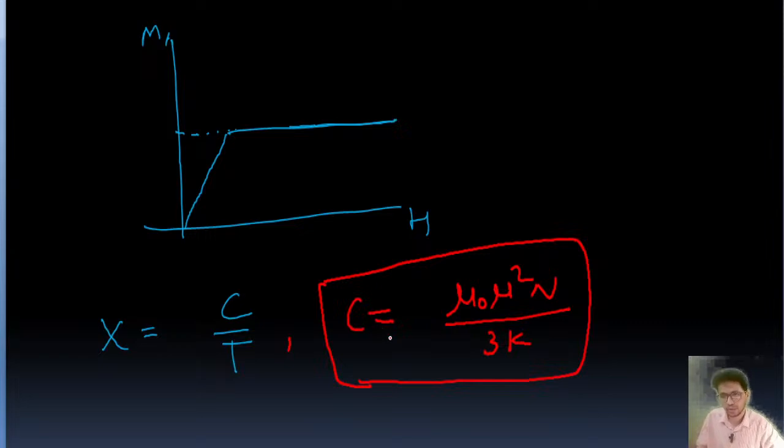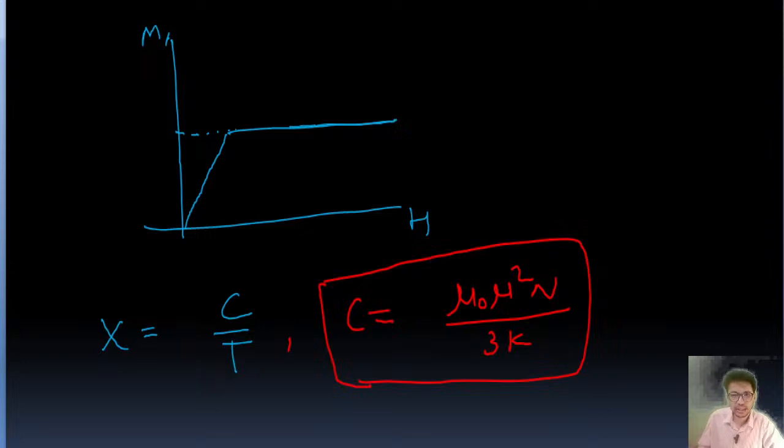You need to know this value, guys; questions will be asked based on this formula. So C equals mu 0 into mu square into n upon 3k, where mu 0 is the permeability of free space, mu is the permeability of the paramagnetic substance, n is the number of atoms per unit volume, and k is the Boltzmann constant.